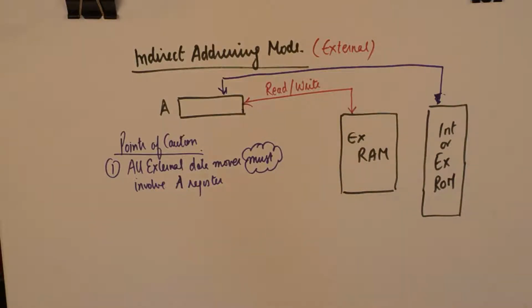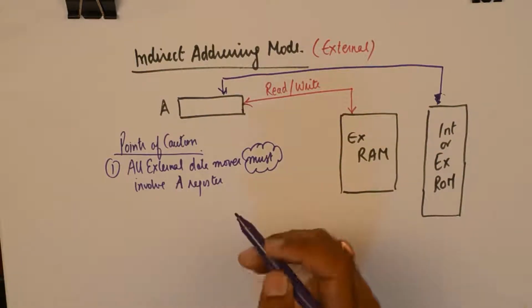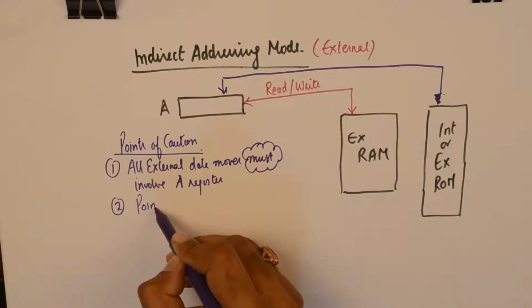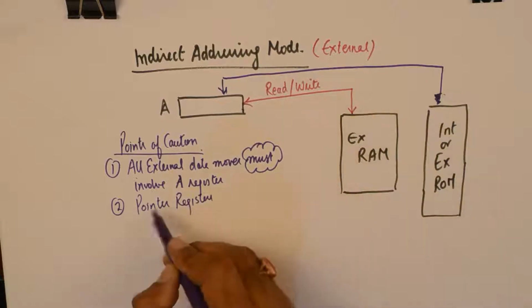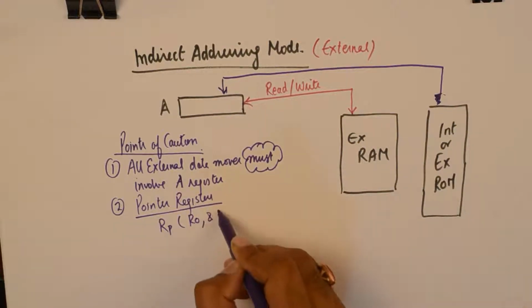But the only point of contact of microcontroller with the external RAM or ROM would be A, and the registers which are used to hold the data, or in other words pointer registers, are again RP, which can be R0 and R1.